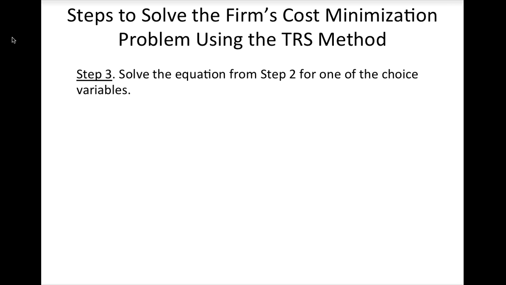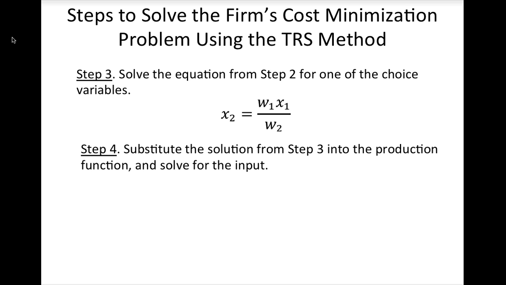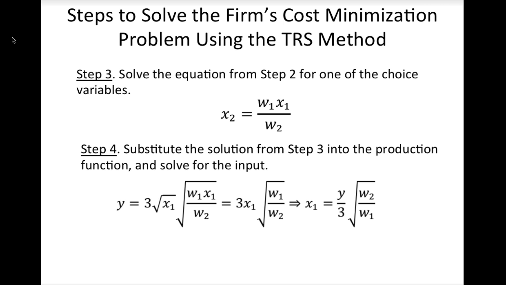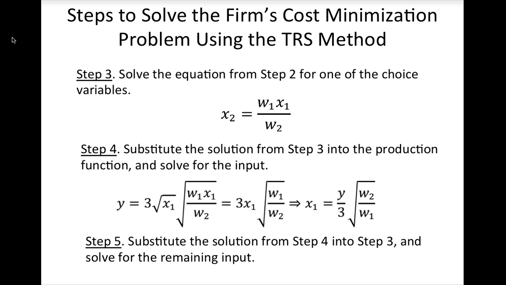I will solve for input 2 as a function of input 1. Step 4 is to substitute this solution into the production function and solve for the input. When we do this, we see that we get the same answer for the conditional factor demand for input 1 that we got before. To finish the problem, substitute this solution back into the expression for input 2 from step 3 and solve for the conditional factor demand function for input 2.